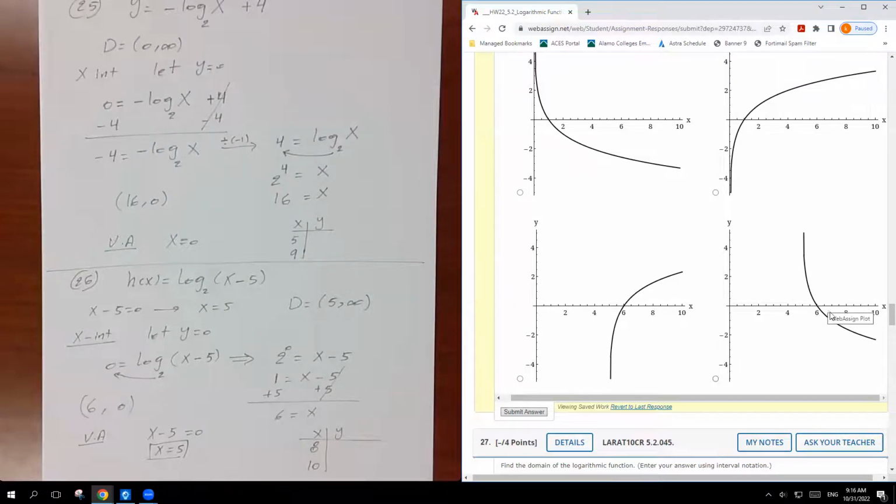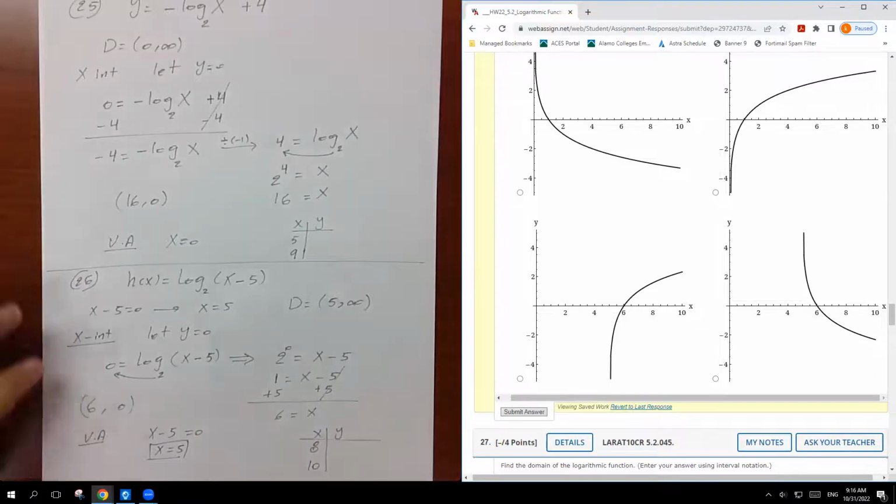So if the y is negative, that means these 2 points are going to be here. But if the y is positive, that means these 2 points are going to be here. You're going to choose this one. For this function, if you plug in these two, 8 and 10, is it going to be negative or positive? We have to check that.